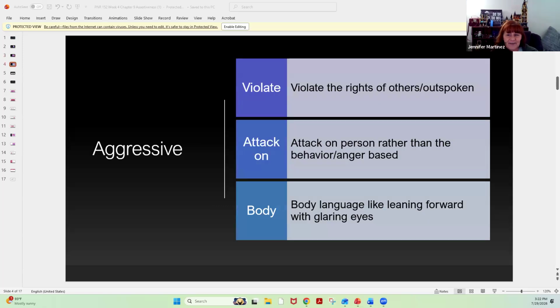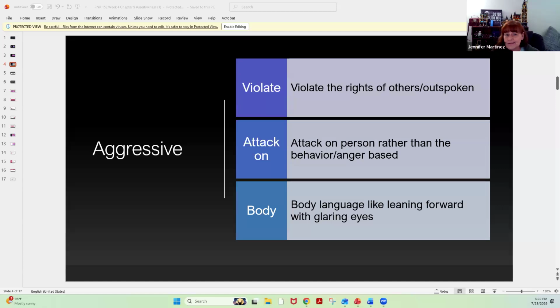Your aggressive behaviors violate the rights of others. They're more outspoken. It's usually an attack on a person rather than the behavior. It's more anger based. This is like your body language, your eye is glaring, leaning forward. It's destructive, it's self-defeating.